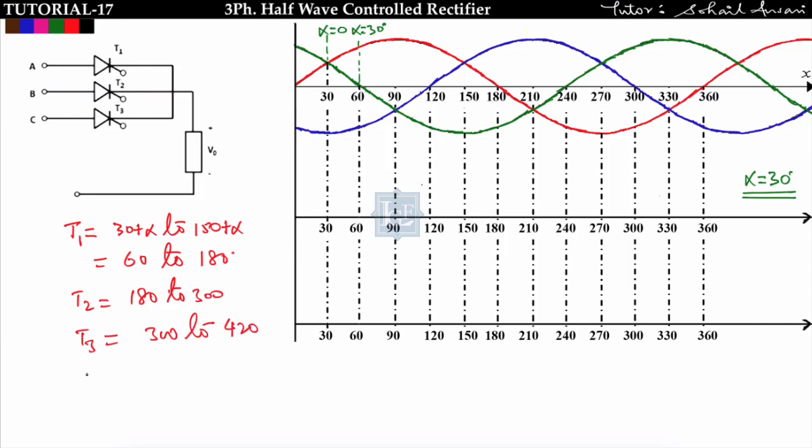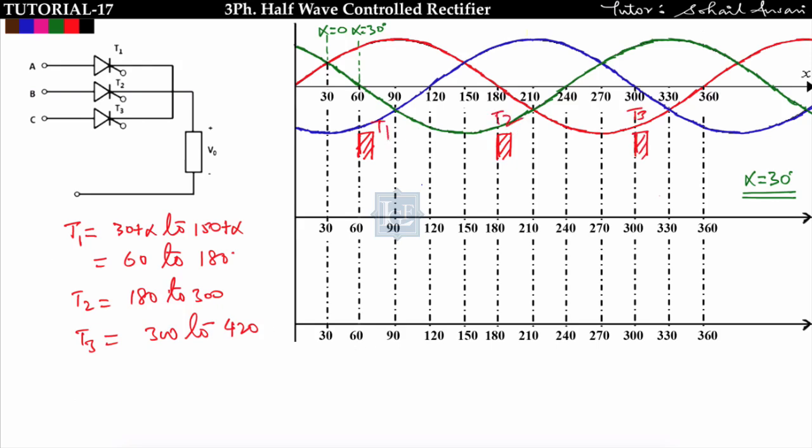This is the scenario. So I am triggering thyristor T1 at omega t is equal to 60 like this, and T2 is triggered at omega t is equal to 180, and T3 is triggered at omega t is equal to 300. This is the triggering angle of T3, T2 and T1.